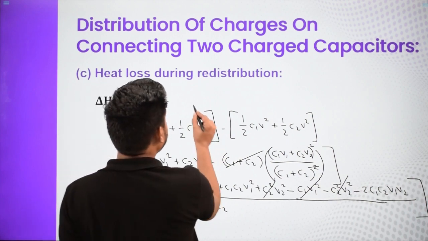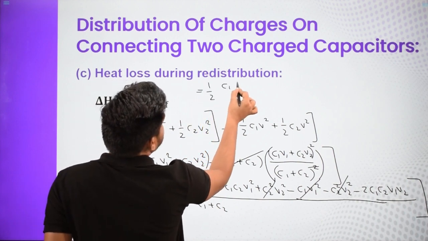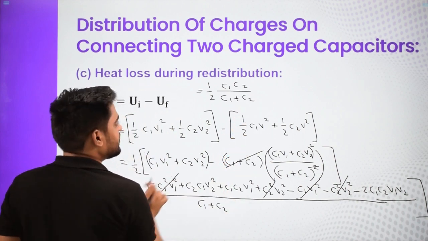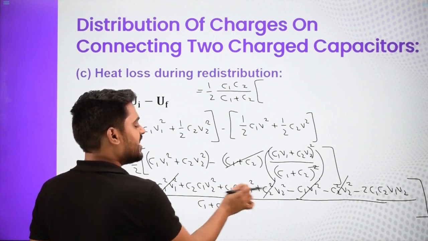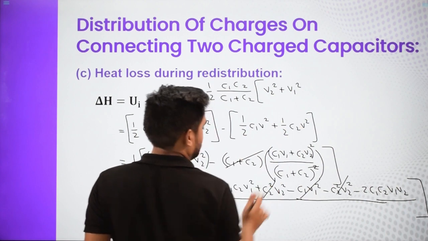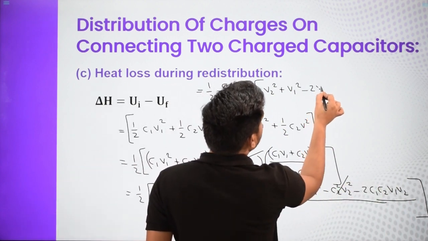What I am left with is half C1 C2 upon C1 plus C2. This C1 plus C2 also I have taken out. And now here this is V2 square plus V1 square minus 2 V1 V2.